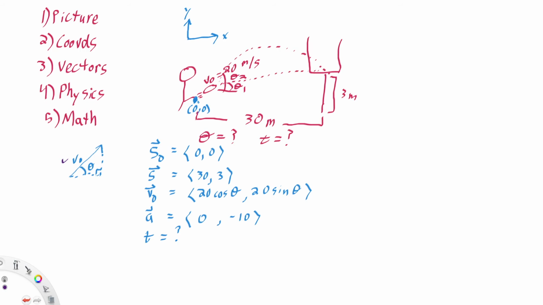Oh, you mean the blue triangle I drew off to the left here? Yeah, I'm just bad at freehanding angles. So the S with an arrow, S sub 0 and S, those are both displacement vectors.